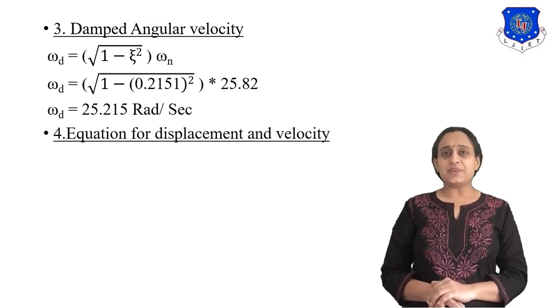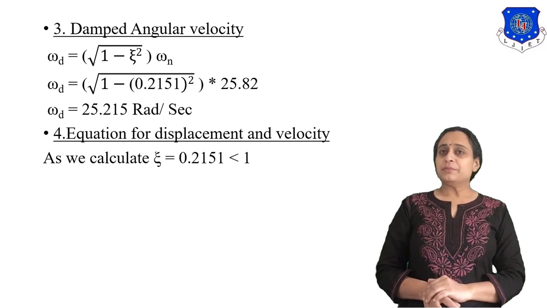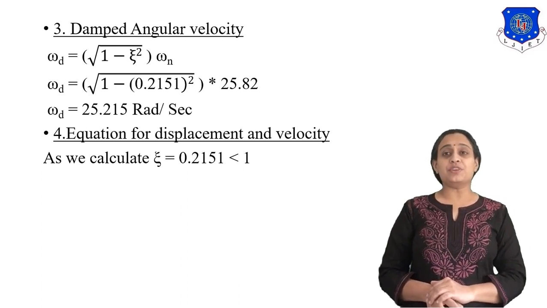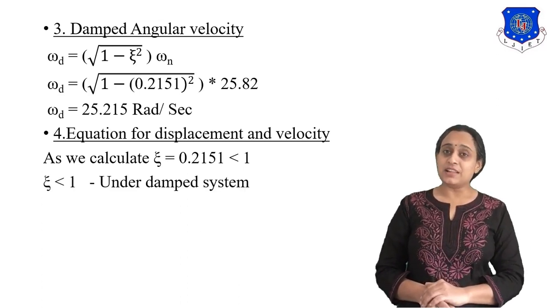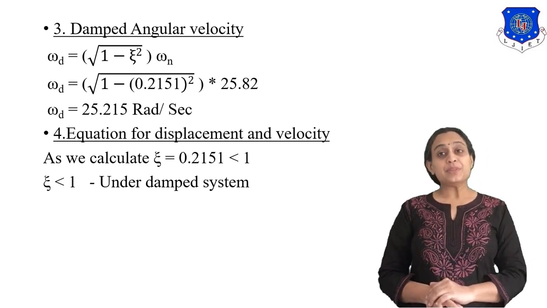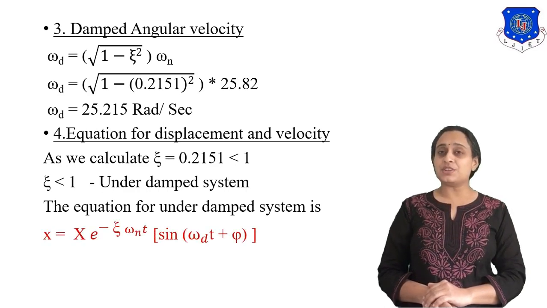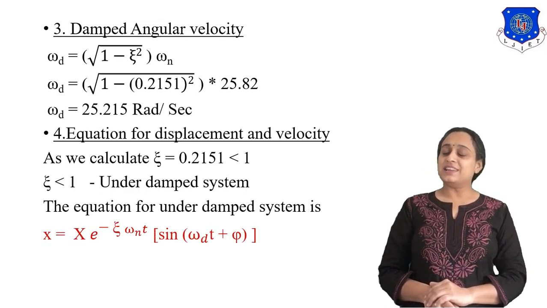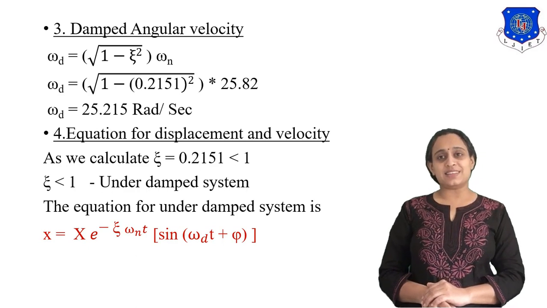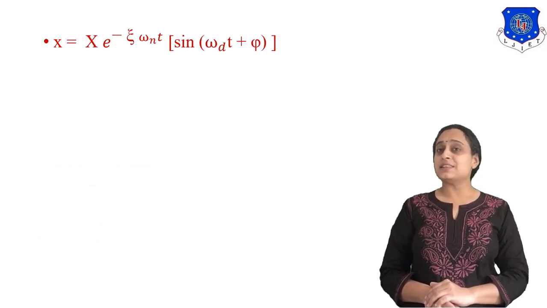Now let us find the equation of displacement as well as velocity. First of all, because zeta is 0.2151, it is less than 1, and if zeta is less than 1, the system is an underdamped system. If the system is underdamped, what is the basic equation of displacement? It is x equals X e raised to minus zeta omega n t sine of omega d t plus phi.